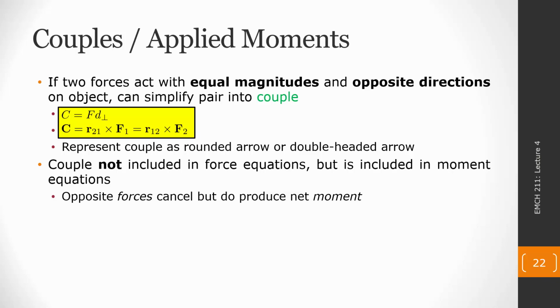Now, if we didn't reduce it to a couple, we would find out that those forces just cancel each other out anyway, because one force has as much in the x as the other one has in the negative x, and one force has in the positive y the same amount that the other force had in the negative y. So in the force equations, they have no net effect anyway, they cancel each other out. However, the couple, or the twisting that they produce, will come to light in the moment calculation that we make.